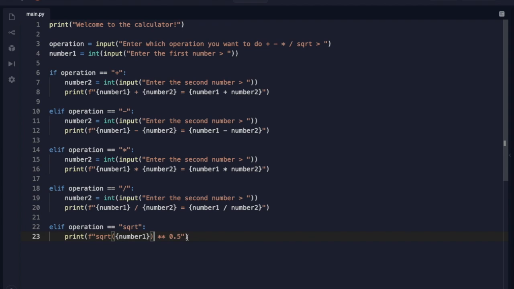And then we're going to put number 1 to the power of 0.5. And you have to put the equals. Don't forget the equals.